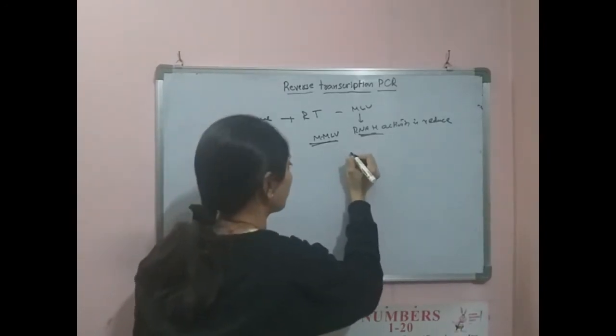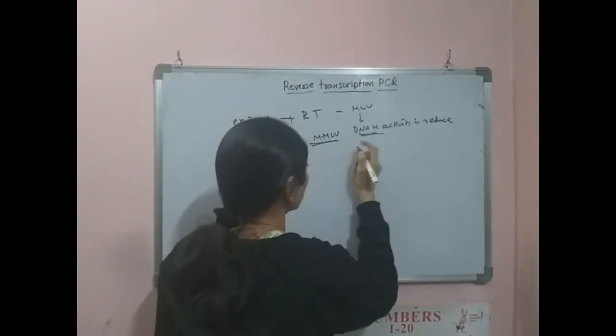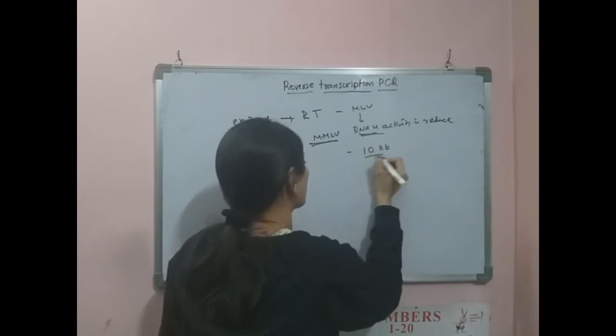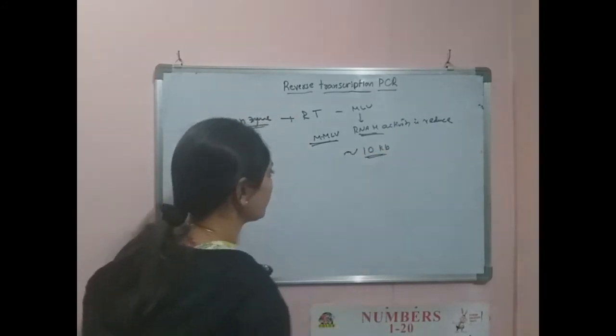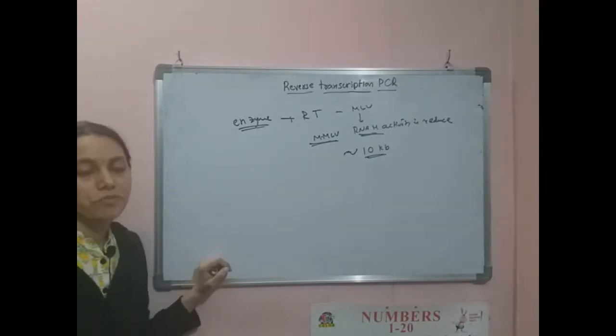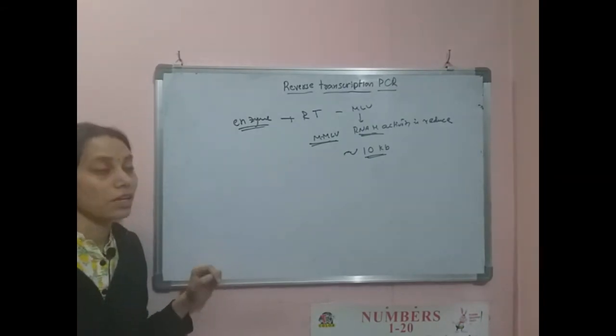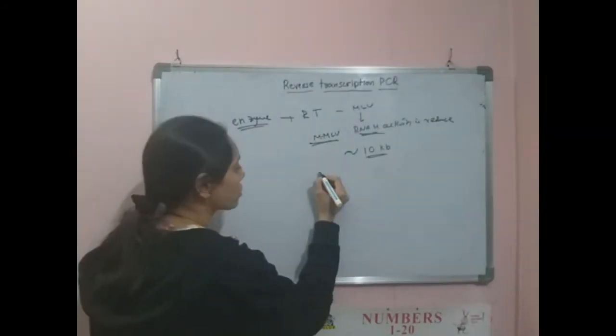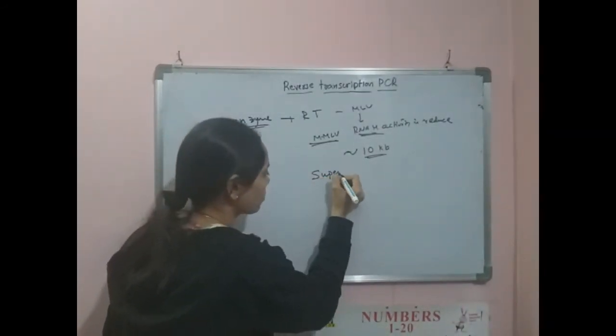This MMLV enzyme has the capacity of transcribing up to nearly 10 kilobase pairs, and further genetic modifications have been carried out in the MMLV, and those are called SuperScript enzymes.